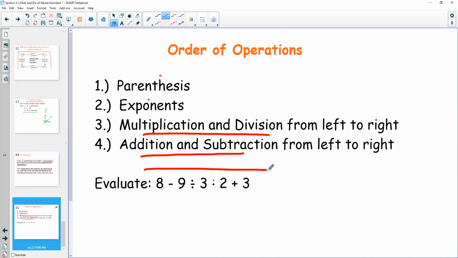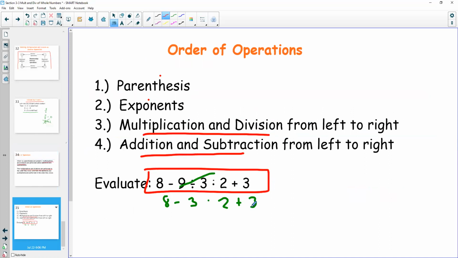So do this one down here on the bottom. See what you get. All right, you paused, you did. What did you do first? You did 9 divided by 3, right? 9 divided by 3 is 3. And then I like to rewrite because it helps me see things. What are you going to do next?